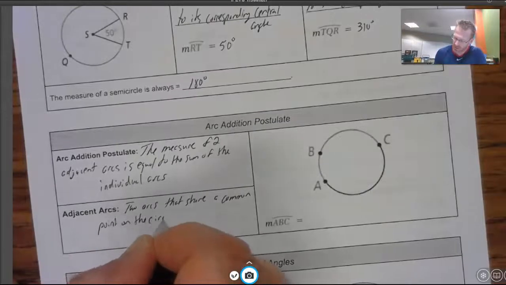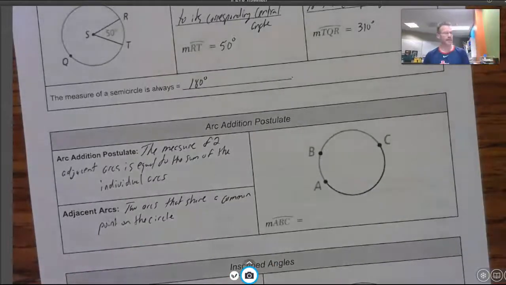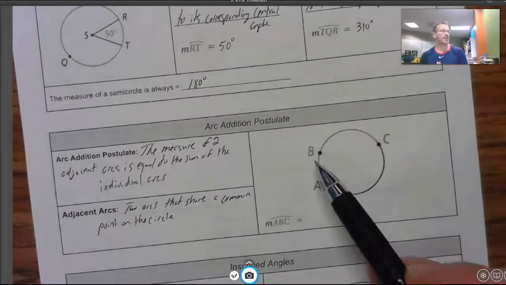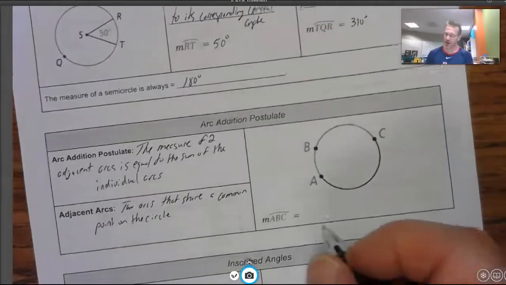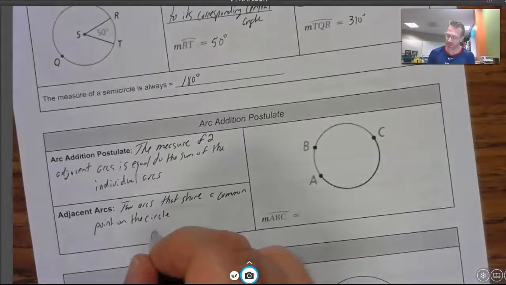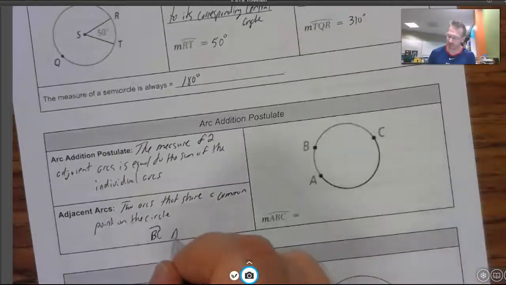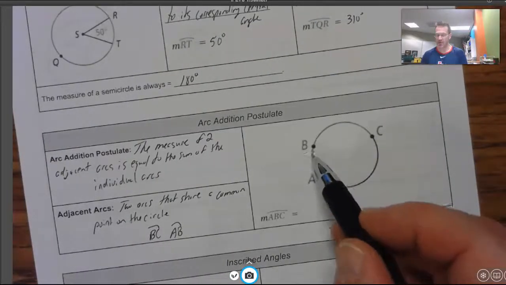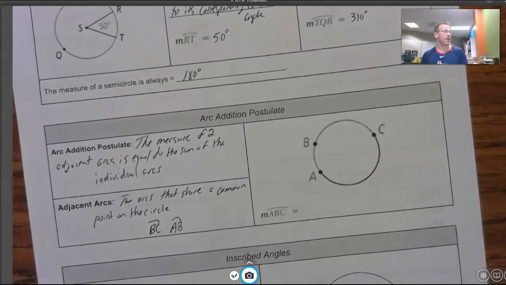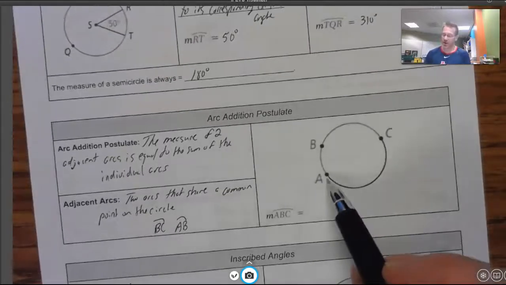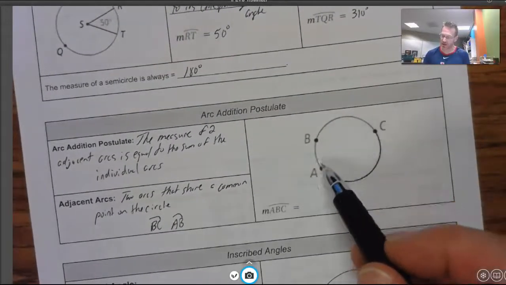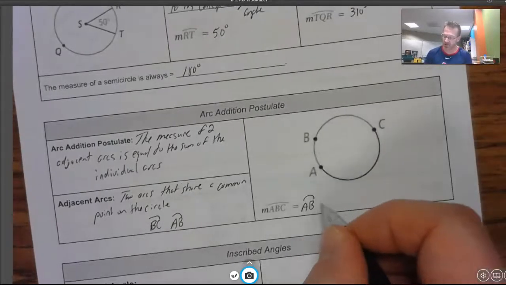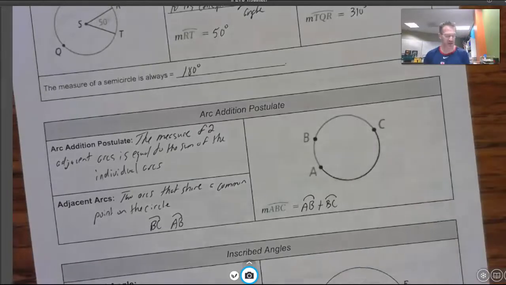So when we look at what we have right here, arc BC and arc AB would be adjacent. BC and AB share point B. If I wanted to know the measure of arc ABC here, I would just need to know that it's going to be the measure of arc AB plus the measure of arc BC.